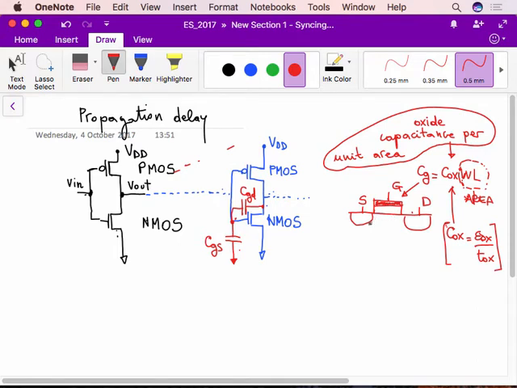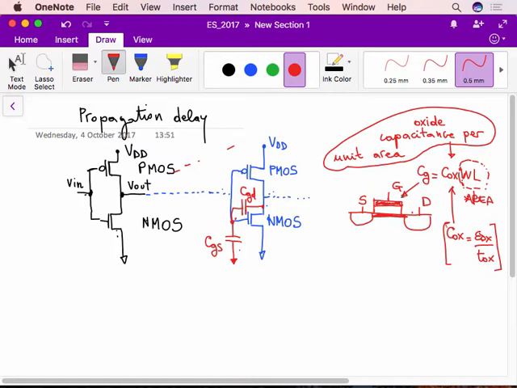Now, actually, how can we represent this capacitance? This capacitance cannot be represented as a capacitance between the gate and the channel, because there is no direct contact to the channel. If this is the channel, which forms when the transistor is on, we do not have a direct contact to the channel, but we have a contact to the source and a contact to the drain.